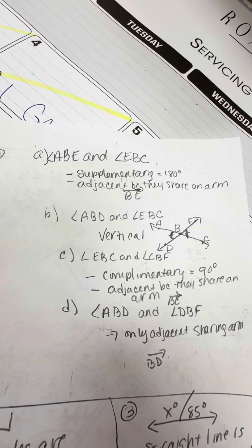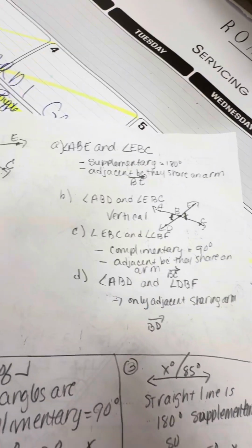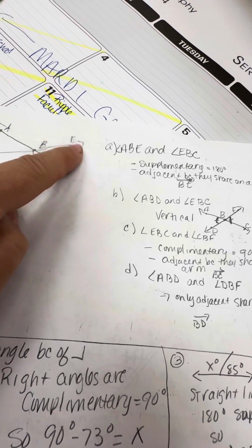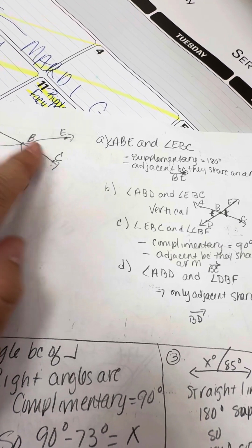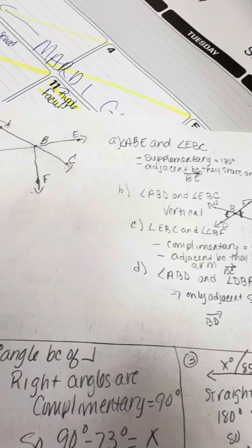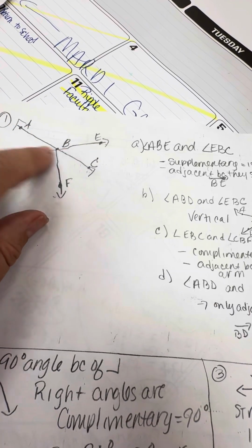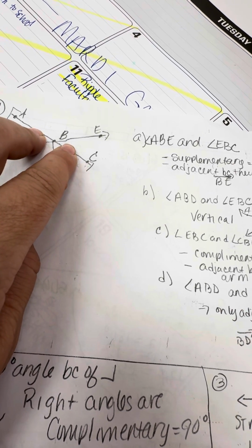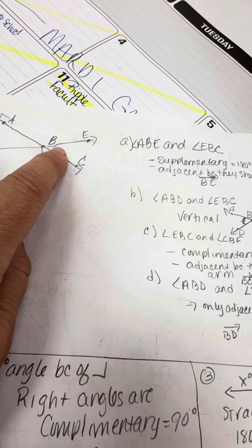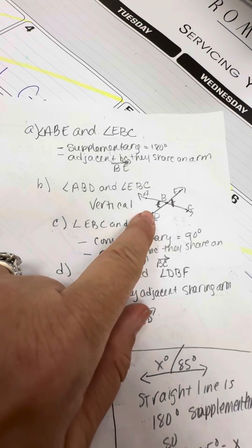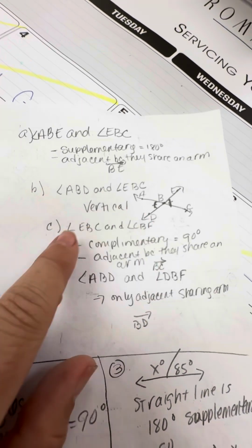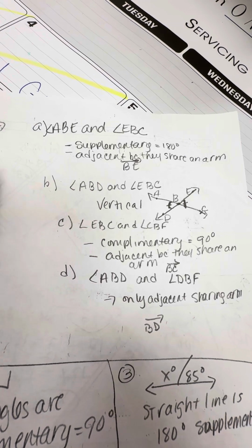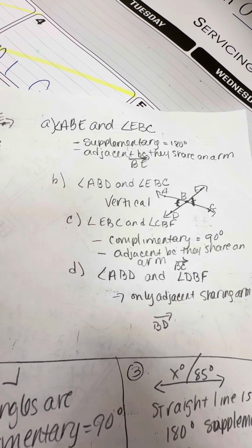They are supplementary because of the straight line and adjacent because they're next to each other and share an arm, BE. Now ABD and EBC, remember, look like two lines that intersect, and these are vertical angles, right across from each other. Then we move to EBC, CBF.